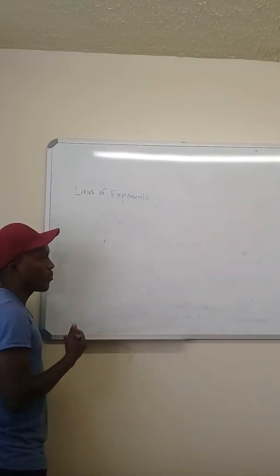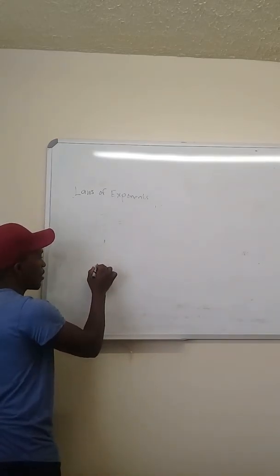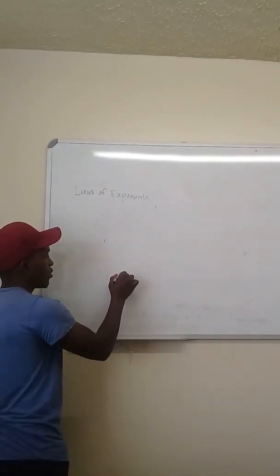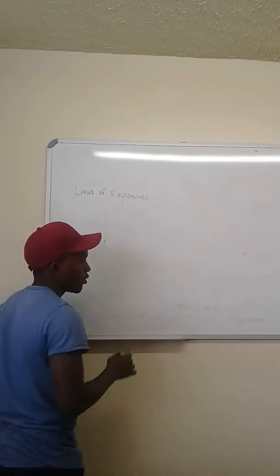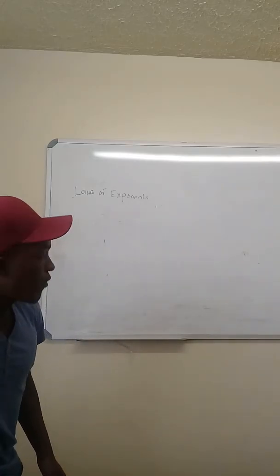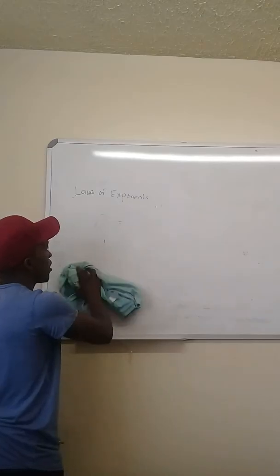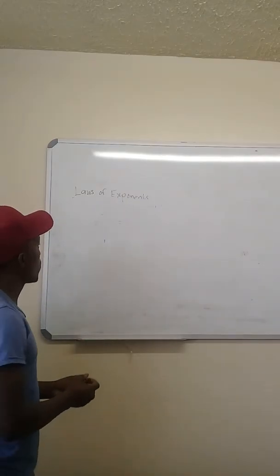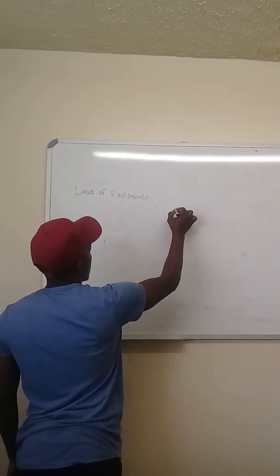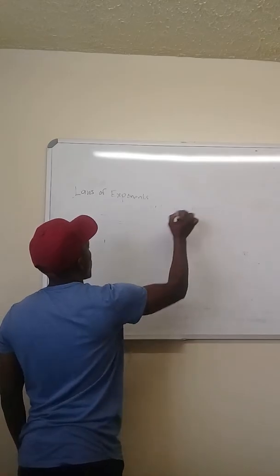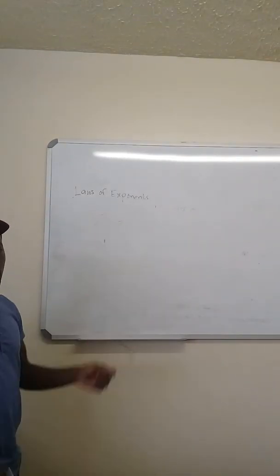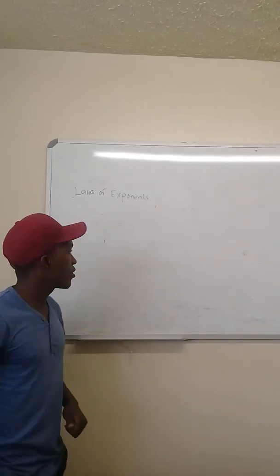We know that when we talk about a fraction, we're talking about numbers like 1 over 2, 1 over 3, 3 over 4. So we have the exponent m divided by n. And you must know that here n must not be equal to 0. The denominator of an exponent must not be equal to 0.